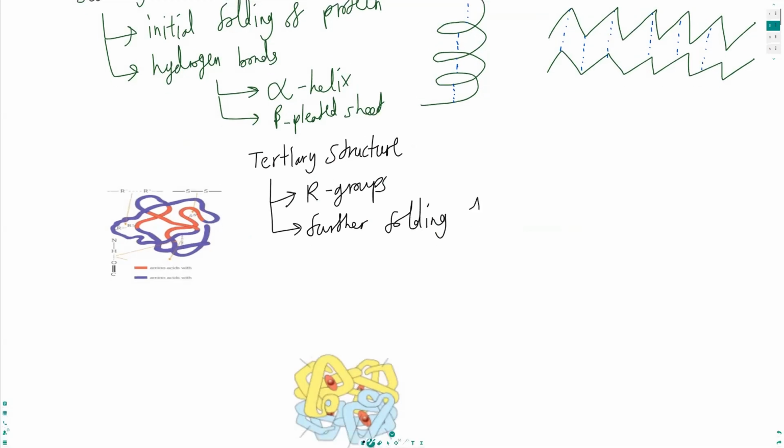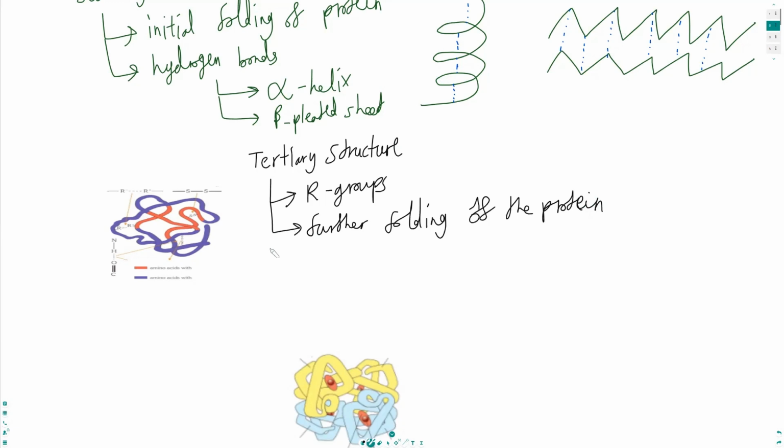In the tertiary structure, these alpha helices and beta pleated sheets start to fold again. So this is causing further folding of the protein to form the tertiary structure.